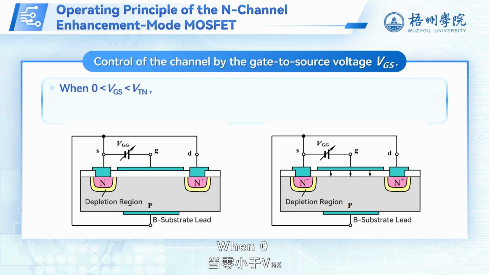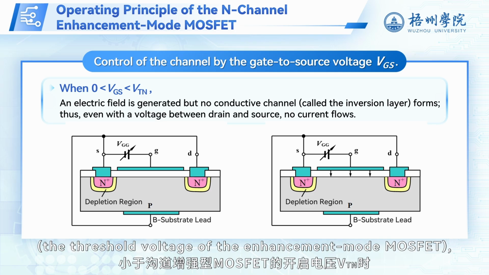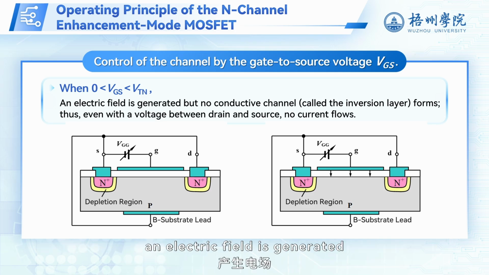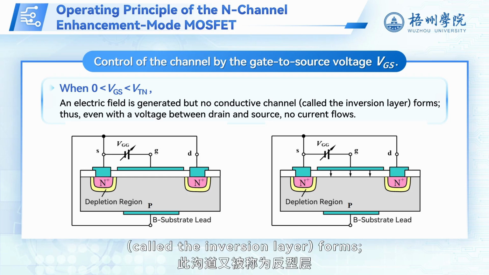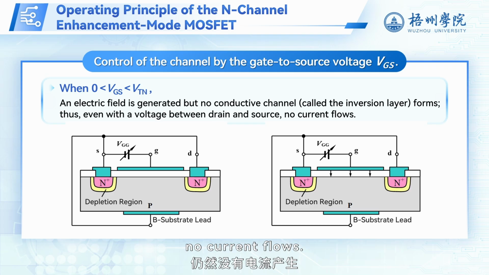When 0 < V_GS < V_Tn, the threshold voltage of the enhancement mode MOSFET, an electric field is generated but no conductive channel, called the inversion layer, forms. Thus, even with a voltage between drain and source, no current flows.